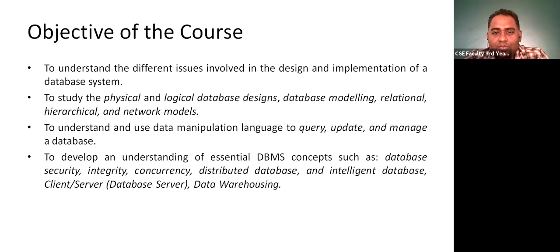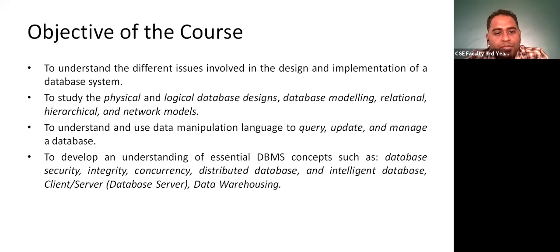From the record based data model, you'll be studying the relational model, and from the object based data model, you'll be studying the entity relationship model. These two are totally different things. Your relational model and entity relationship model are not the same thing.